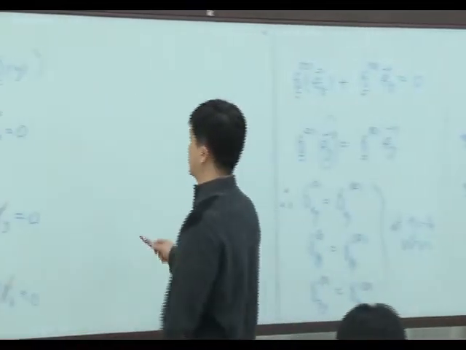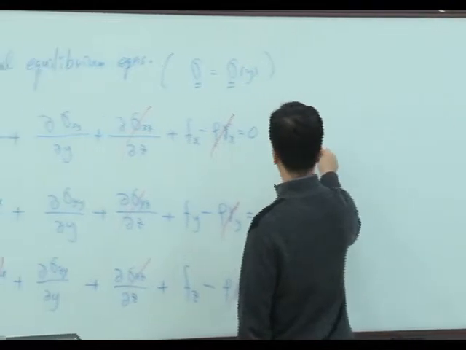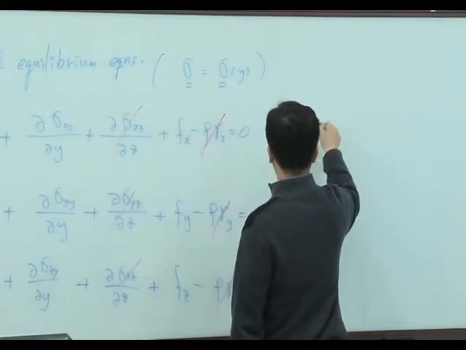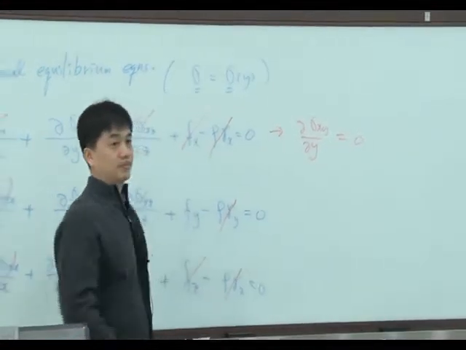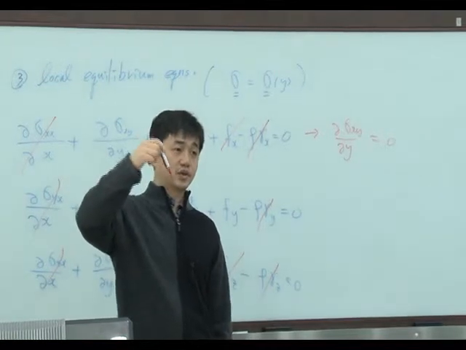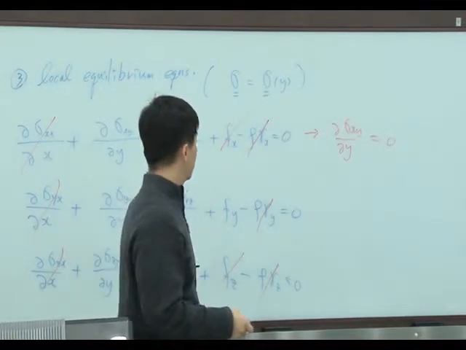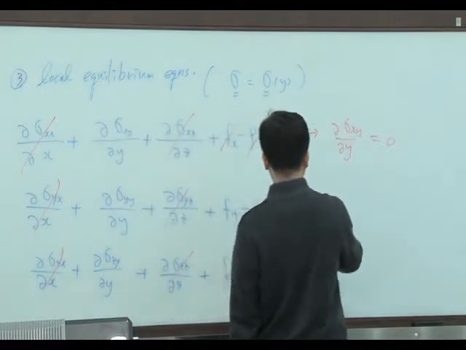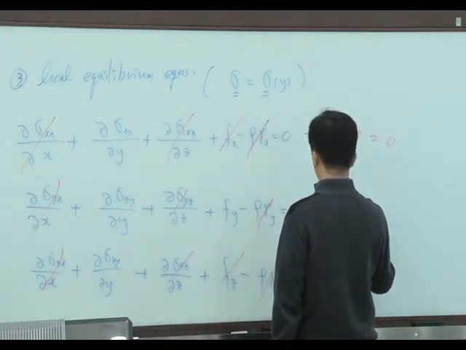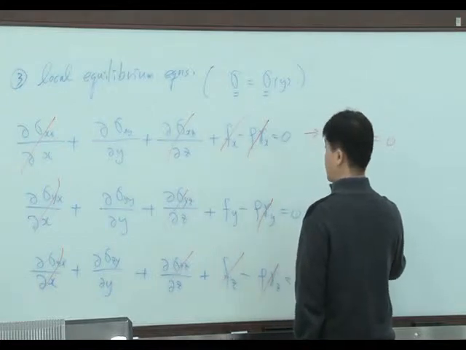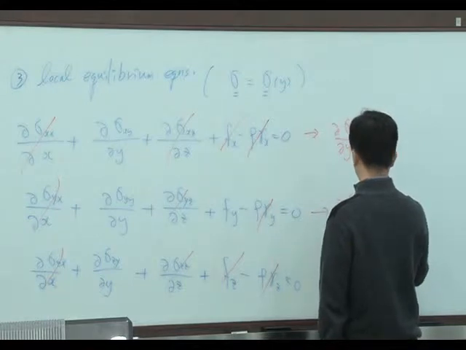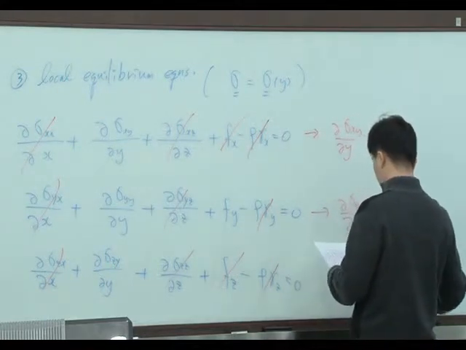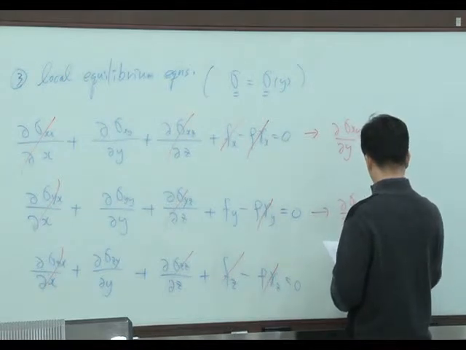So this equation becomes: the xy term equals 0. This is 0, and this is 0 too, right? Gravity load is applied in only the y direction. And how about this one? Minus rho g equals 0.